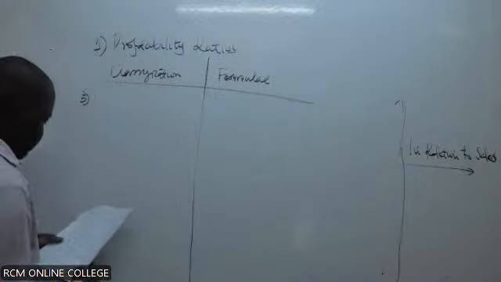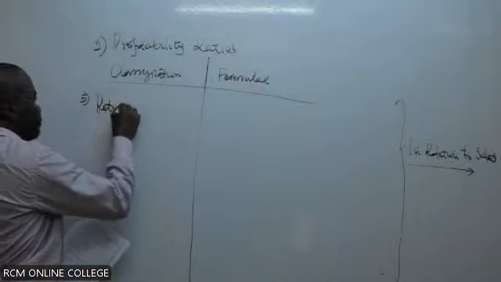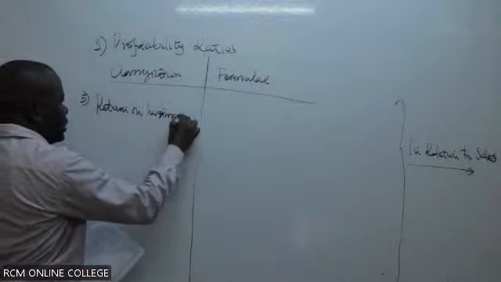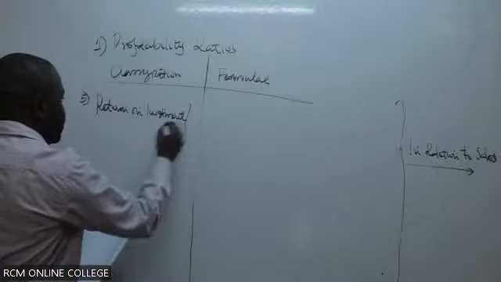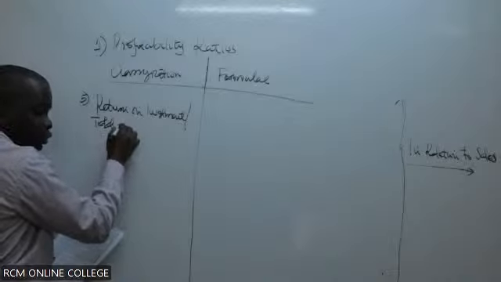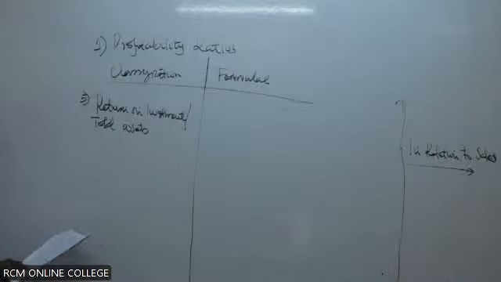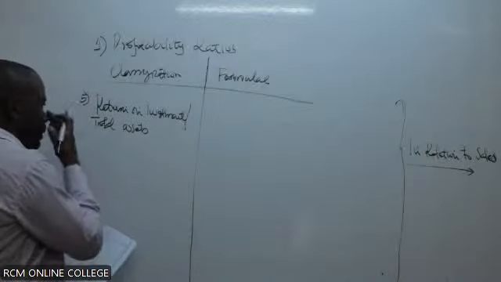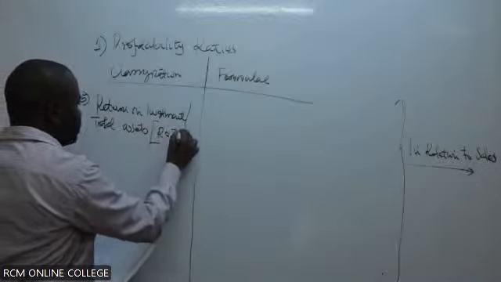So in this case, we can have return on investment, or you can say return on total assets. So what is the formula here? Sometimes we refer to it as ROI. You might see somewhere they have said ROI, return on investment.